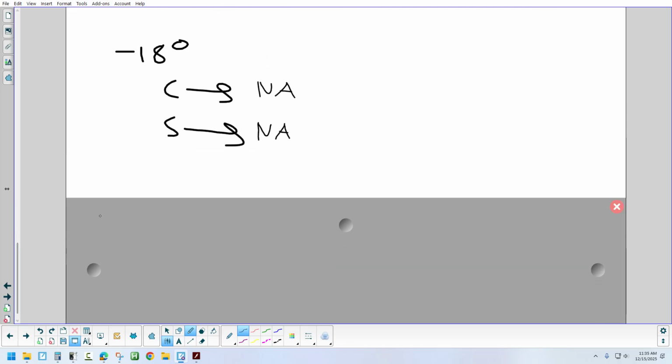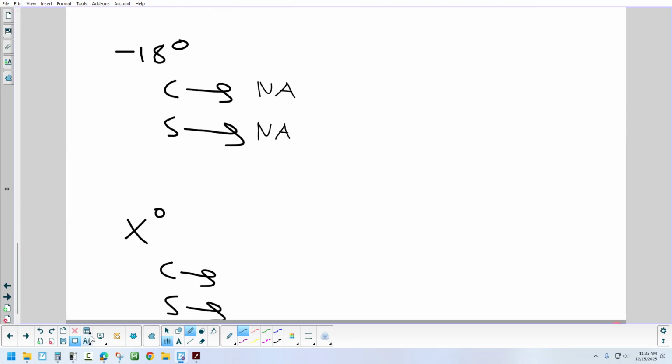Okay. How about the complement of x degrees? Assume x is less than 90, because if x was bigger than 90, it wouldn't have a complement. What's the complement of x degrees? Would we write it as an inequality because we don't have numbers to plug in?